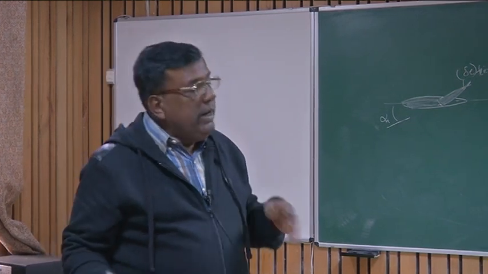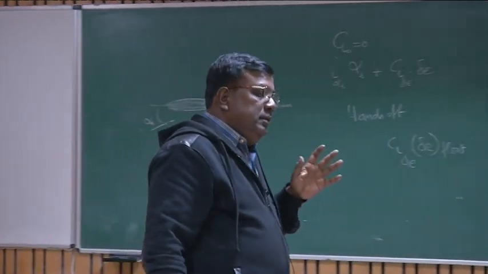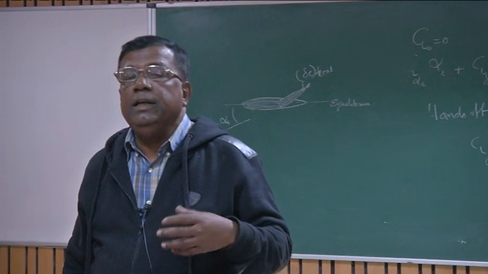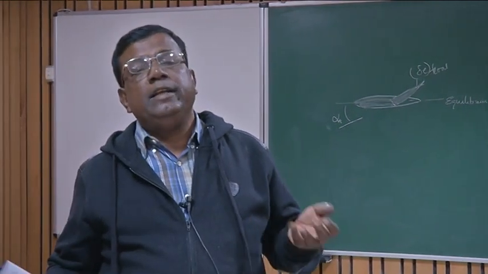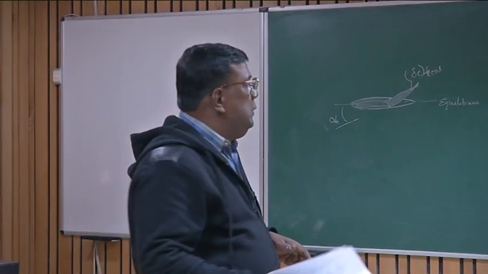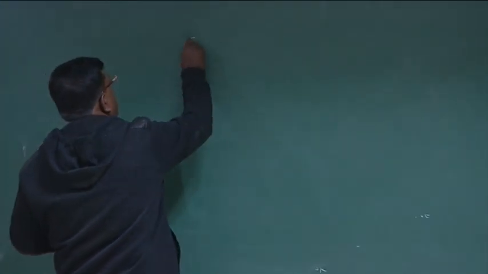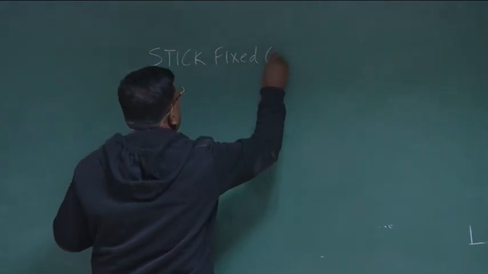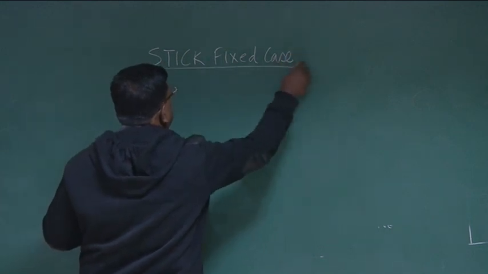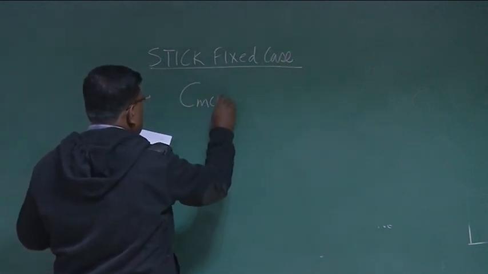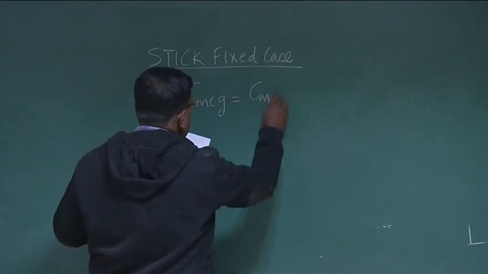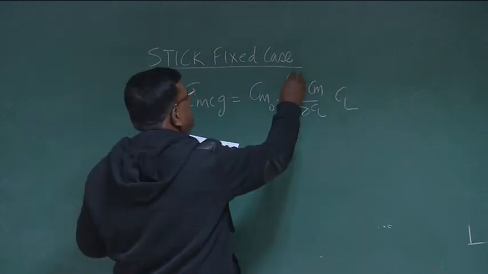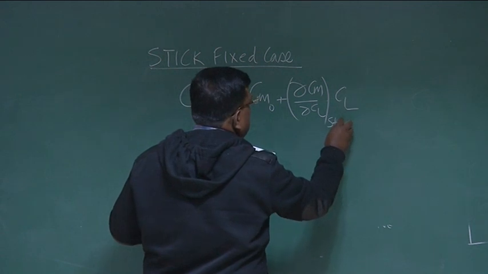I repeat again. Whatever expressions you have developed remain the same, except wherever CL alpha tail is coming, you change it to CL alpha t prime. You will get the expression for a stick free case. Okay? So let us do that. Let's see, for a stick fixed case, CM CG was CM naught plus dCM by dCL into CL, stick fixed.